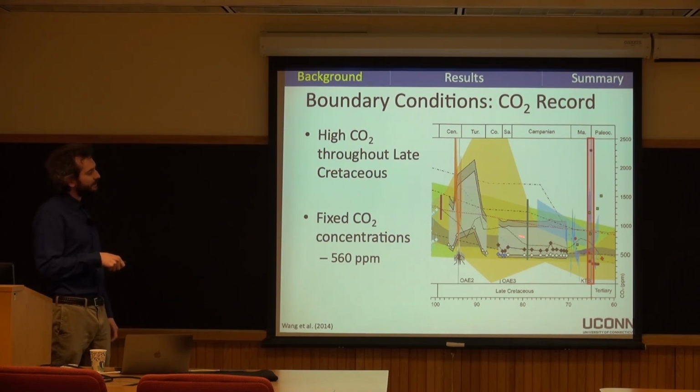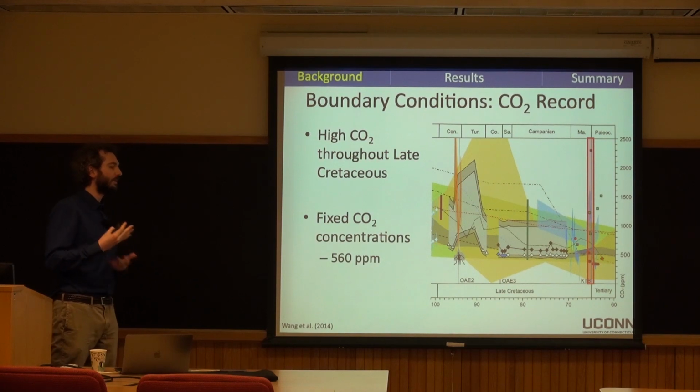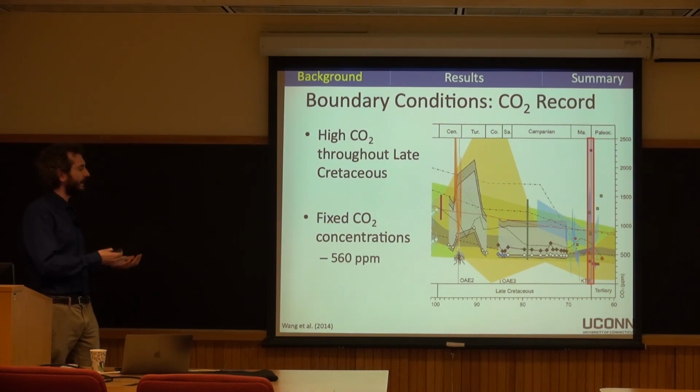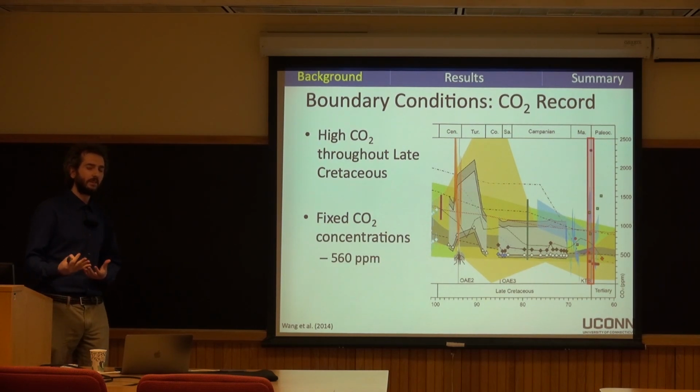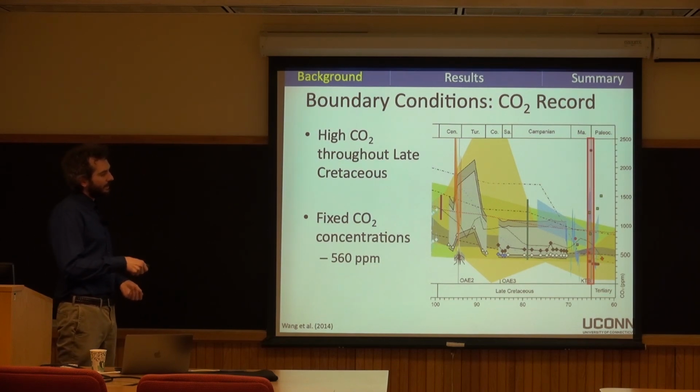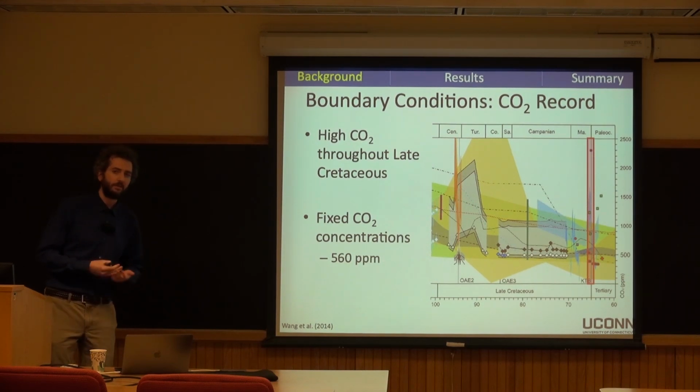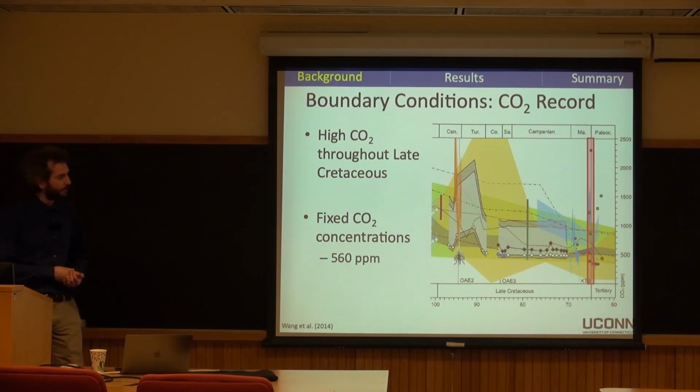So there's a lot of uncertainties here, but we can do some model-proxy comparison to try and narrow down where we think it is, at least based on our model sensitivity, and also where the average is for this latest Cretaceous, which is around 500, in which case we use 560 ppm CO2.